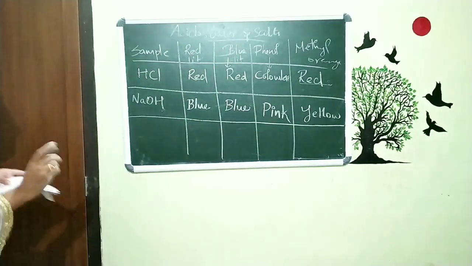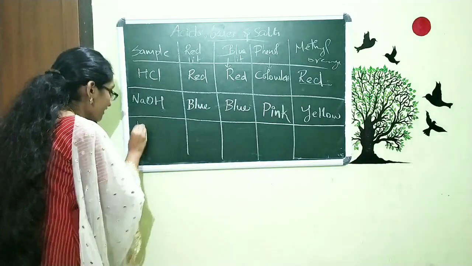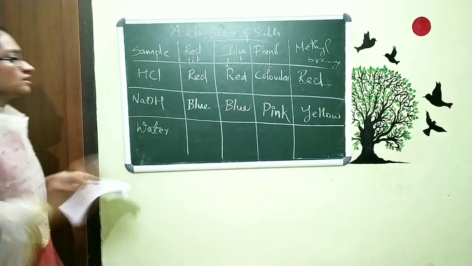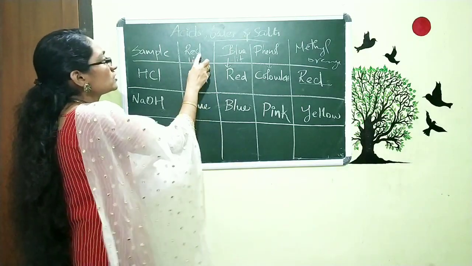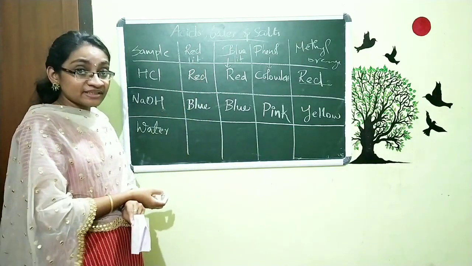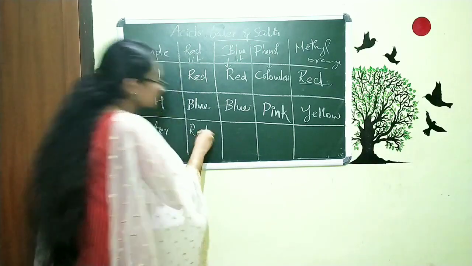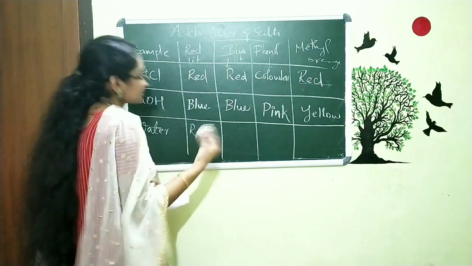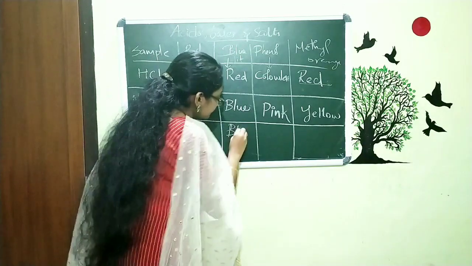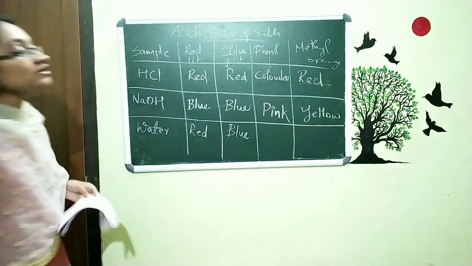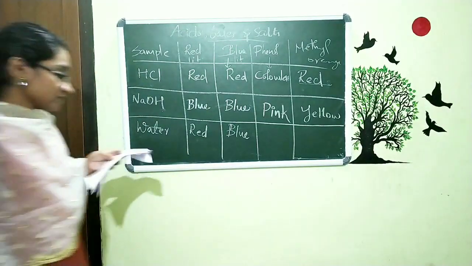Now we are checking this with water. You know this water is neutral. So does the red litmus paper have any color change? No. It remains in red color itself. And the blue litmus is also in blue color. Now, what about the phenolphthalein and methyl orange?